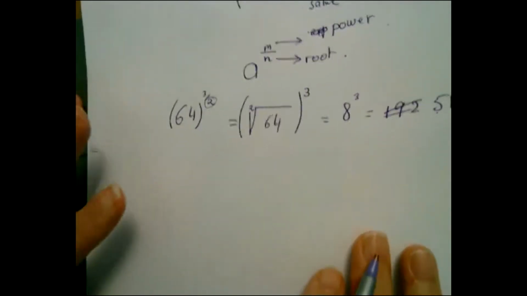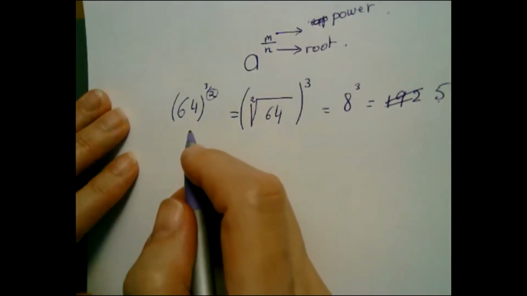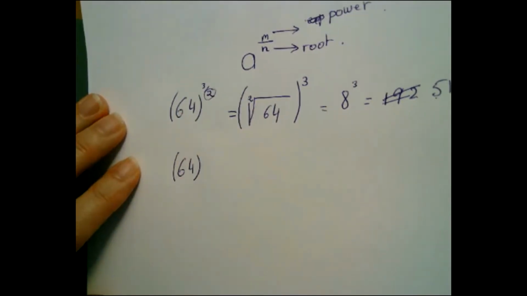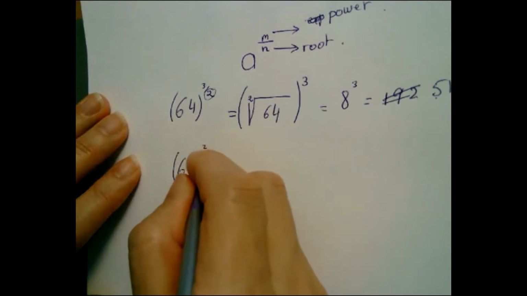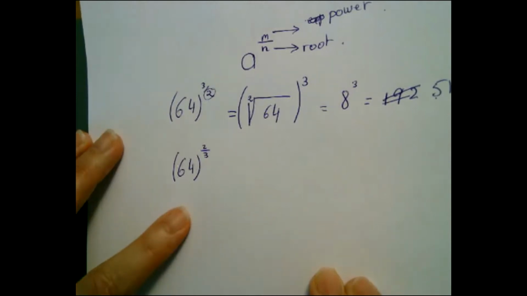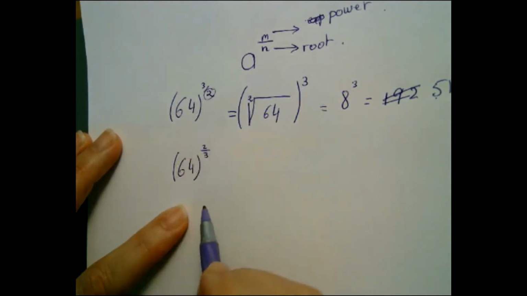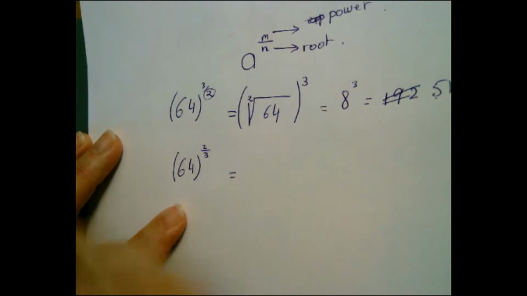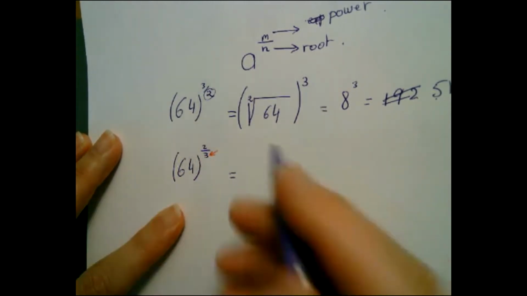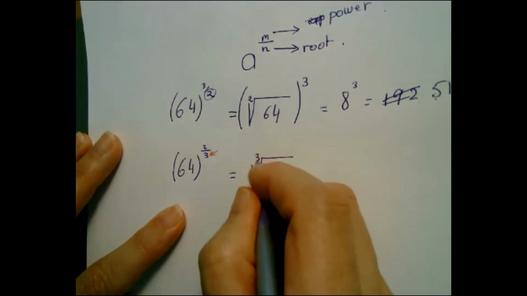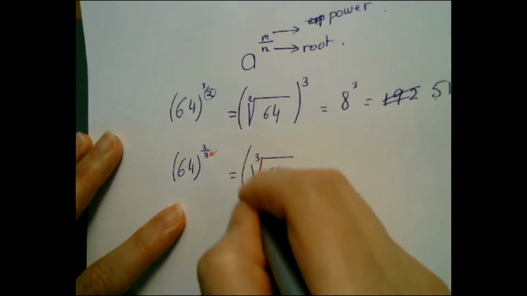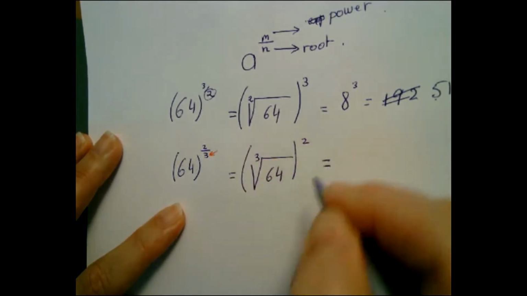Let's take another one. Suppose I take 64, the same number, but this time I take it to the power 2/3. Is it very different than before? What's the root here? It's the denominator. So this means that we're going to take the cubic root of the number and raise the whole thing to the power 2.